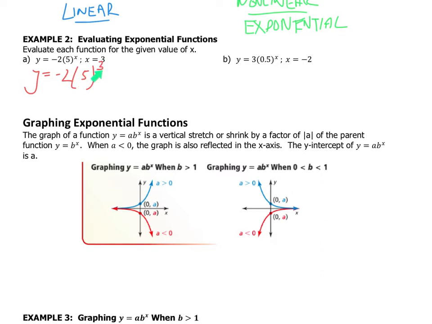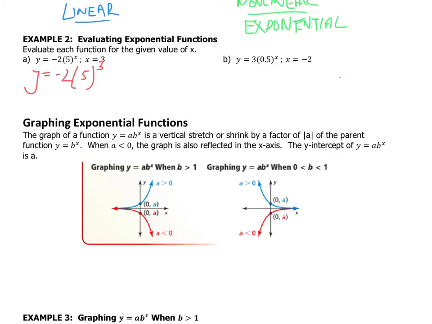Now remember, a common mistake here would be I would say, oh, negative 2 times 5 is negative 10 to the third power. This third power gets done first in GEMDAS. I would do 5 to the third power, then I can take care of the multiplication.